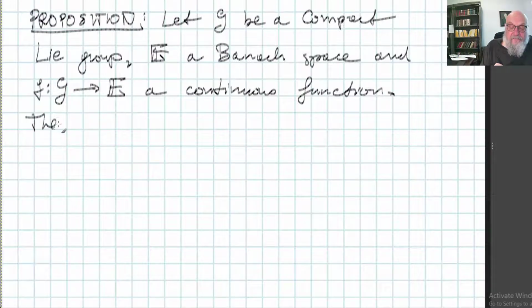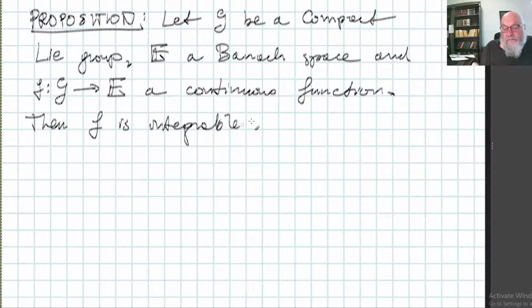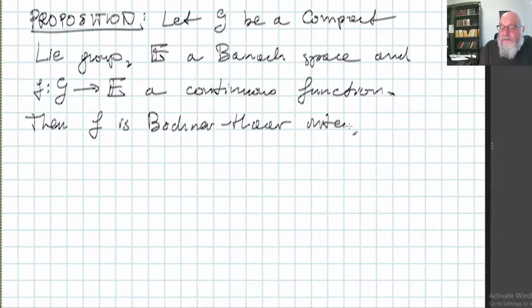Then f is Bochner-Haar integrable. Let's do it like a proof.